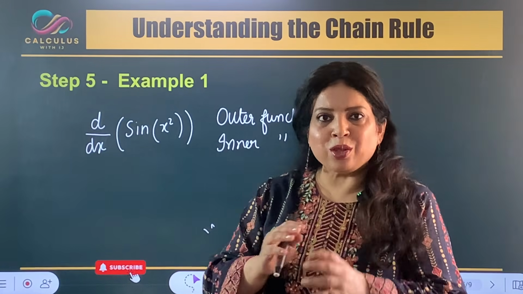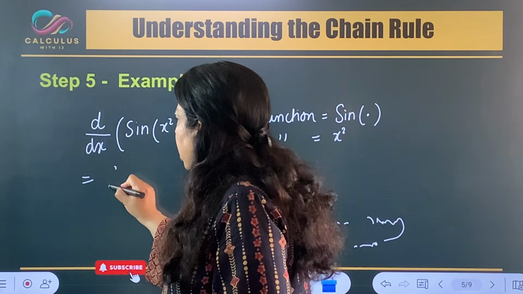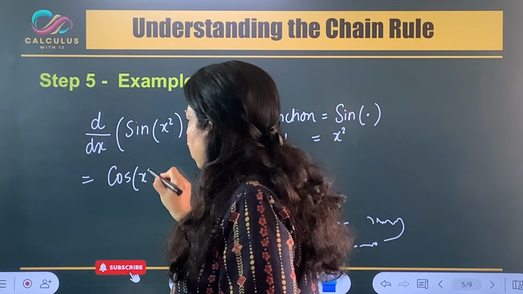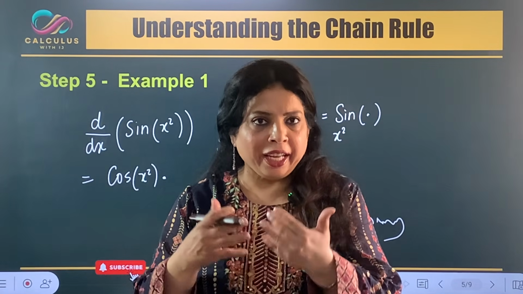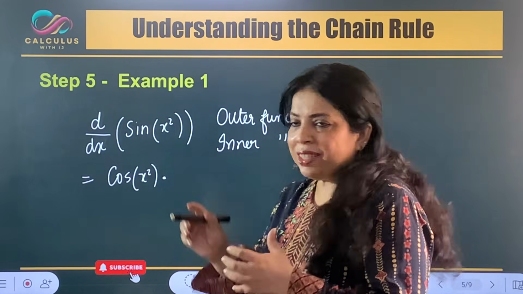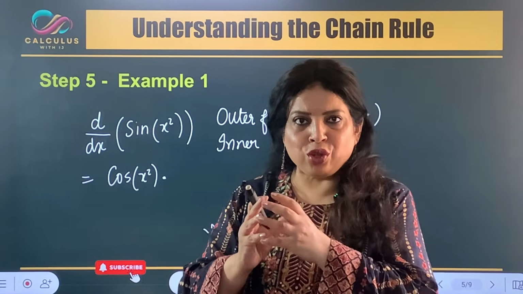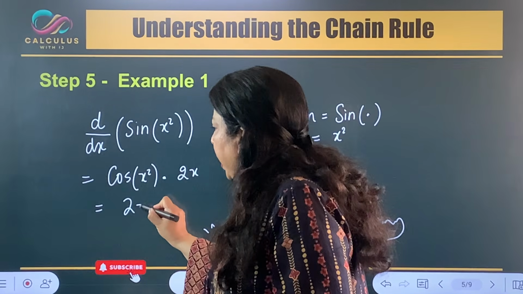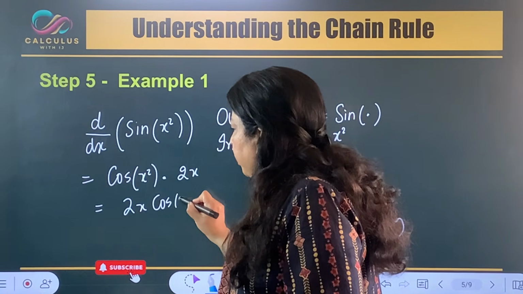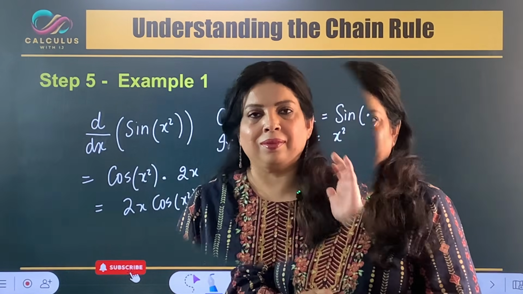Derivative of sine is cosine, so this becomes cosine of x square. Then we multiply it by the derivative of the inner function. Inner function is x square whose derivative is 2x. So the final result is 2x cos x square.